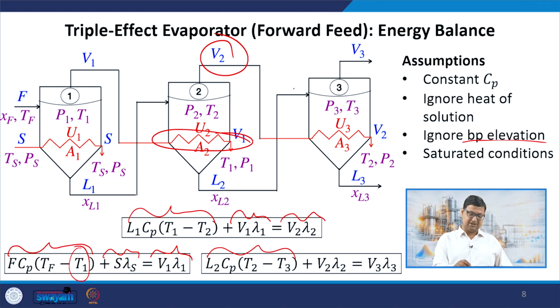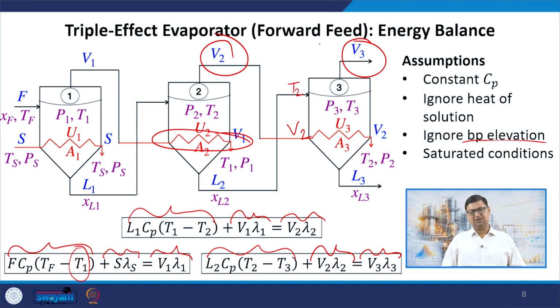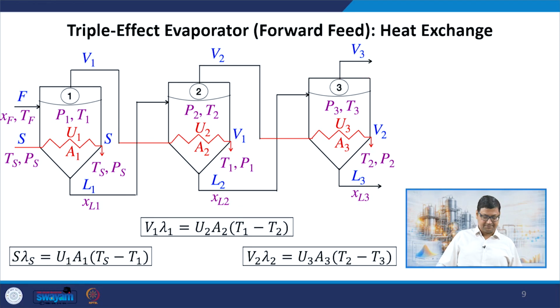The temperature is changing from T2 to T3, so L2 Cp into T2 minus T3, plus this is the energy supplied by the vapor, that is the heating medium now, and finally this is the energy or enthalpy carried by the vapor going out, right. So we have now got three energy balance equations, and similarly we will also get three heat exchange equations, right.